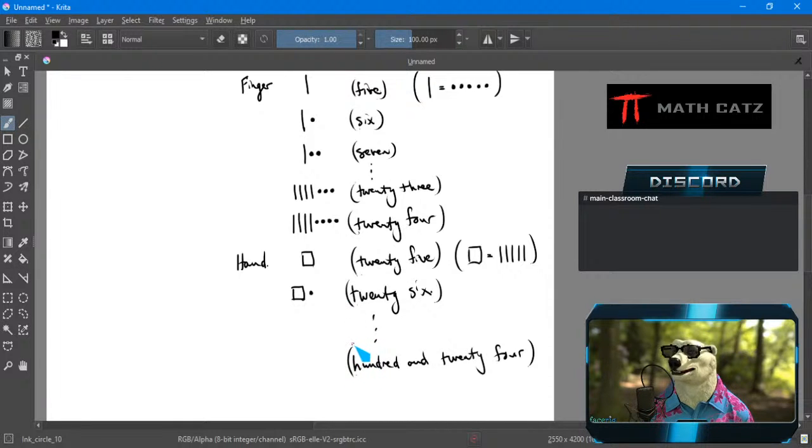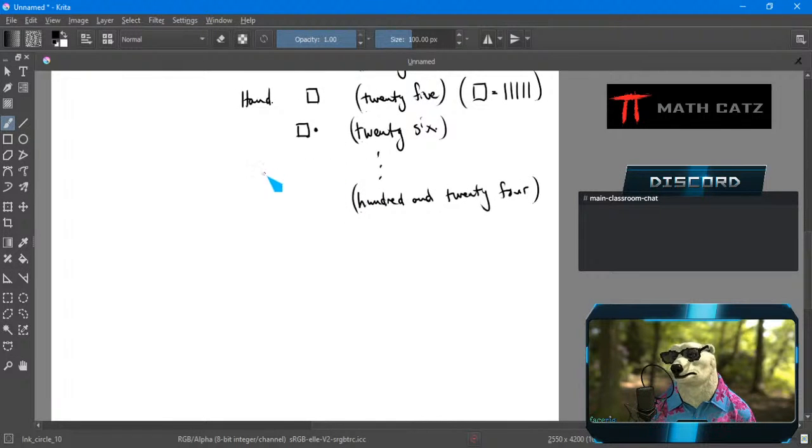Well, remember, each hand is worth 25. So I could have 4 hands. That's allowed. That'll give me 100. 4 fingers will give me 20. And 4 rocks would give me another 4, 124, by just listing everything.